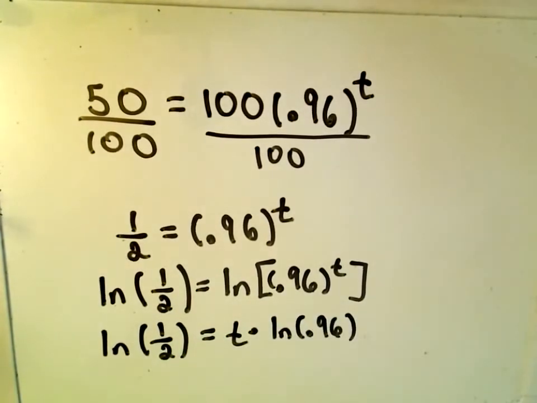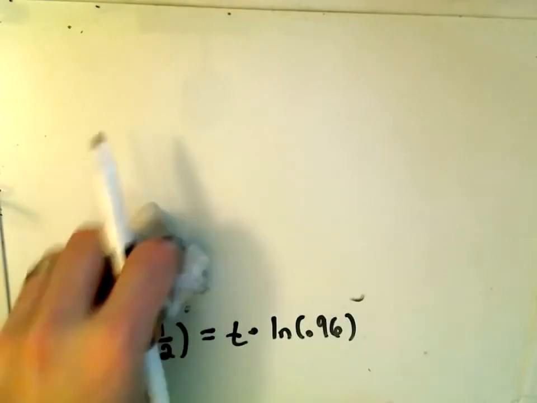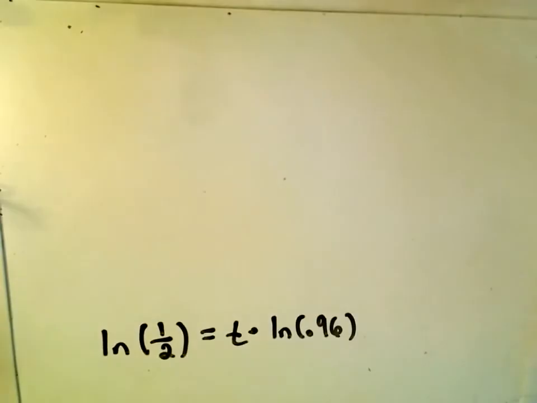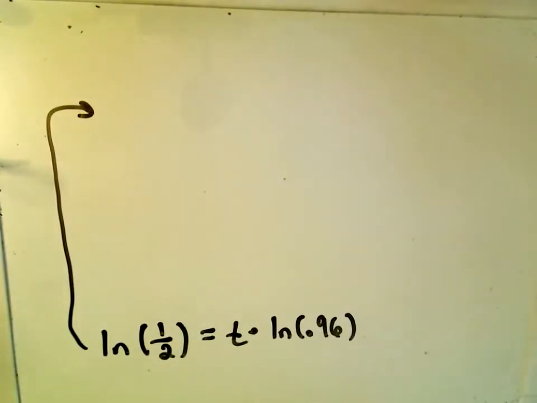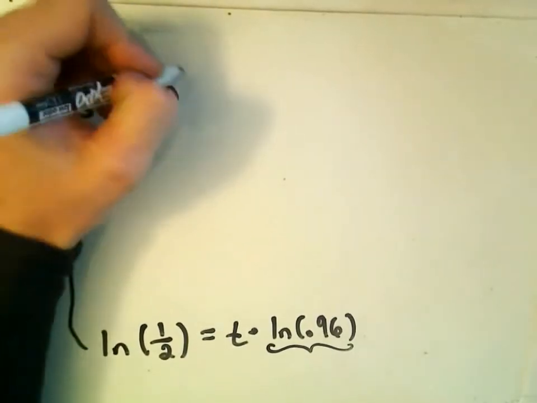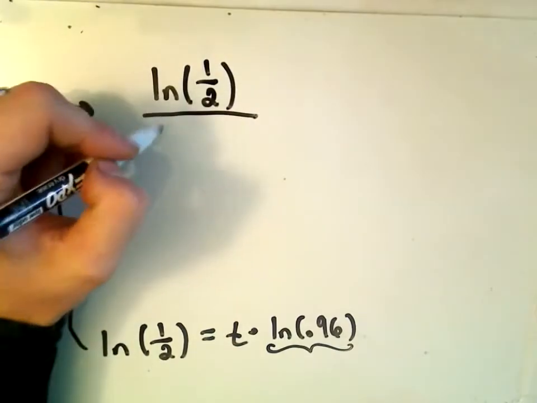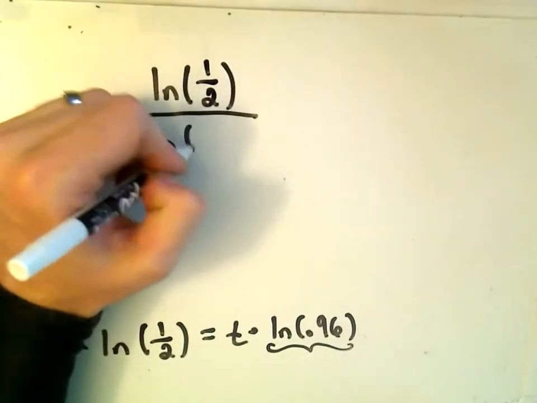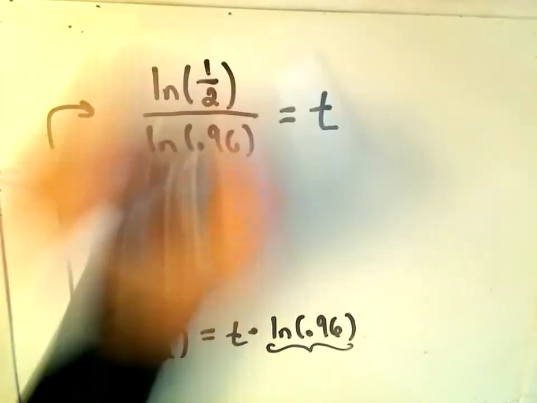So we're almost there at this point. Now I'm simply going to divide both sides. ln of 0.96 is just some number, so I'm going to divide both sides by that. On the left side, I still have ln of 1/2, and on the right side, if I divide, I'll get t.